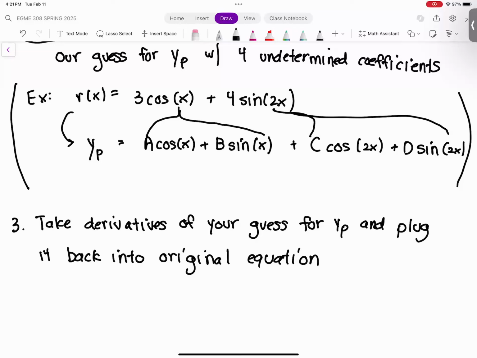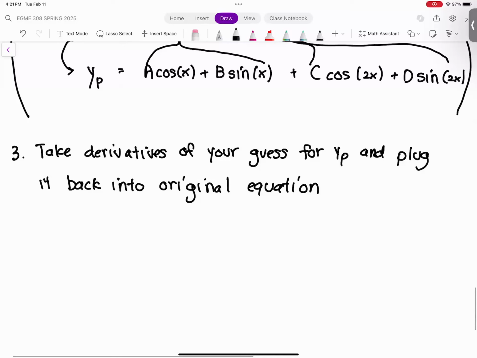And so you're going to solve for yp prime and yp double prime, and you're going to plug these back into the original ODE. But you want to make sure that you also include the non-homogeneous term as well.